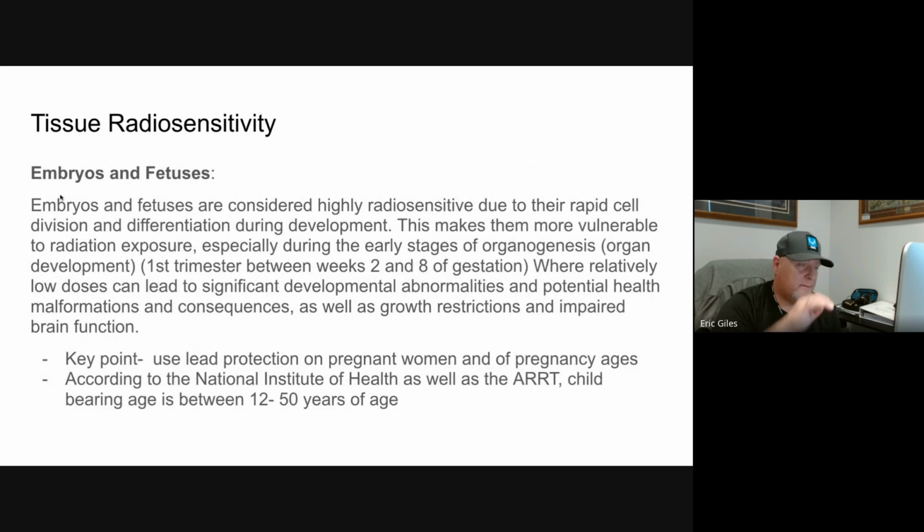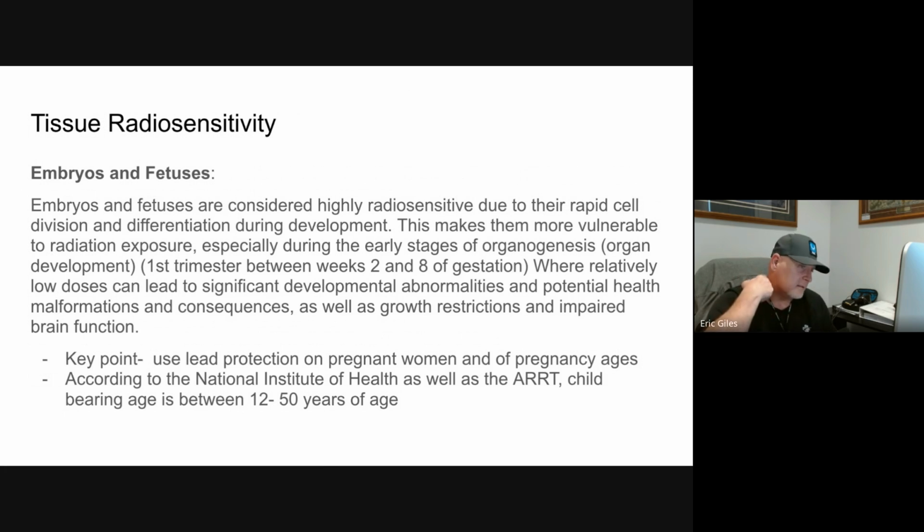Okay, embryos and fetuses. Okay, we ask this question all the time: are you pregnant? We need to be constant with that and keep track of whether a patient is pregnant or not, so we can properly protect them from radiation.